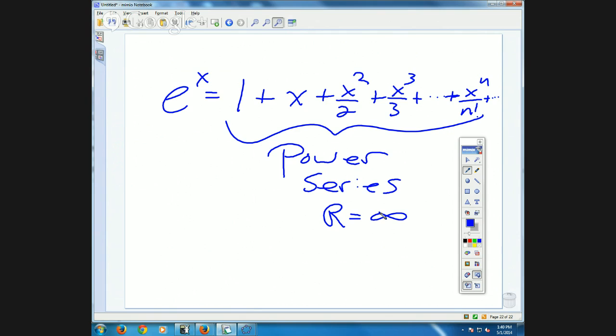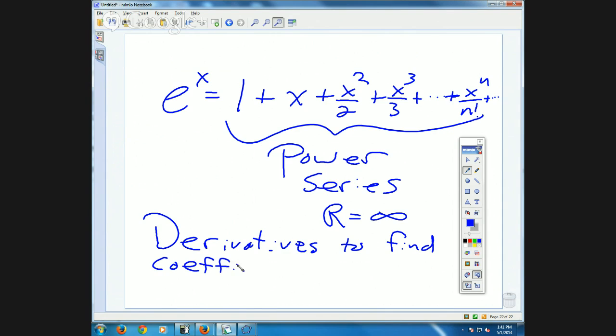How did we find this series, by the way? We used derivatives, right? So we use derivatives to find coefficients. I just have one statement to write down, then I'll shut up. Derivatives to find coefficients. Oh, right, factorial.